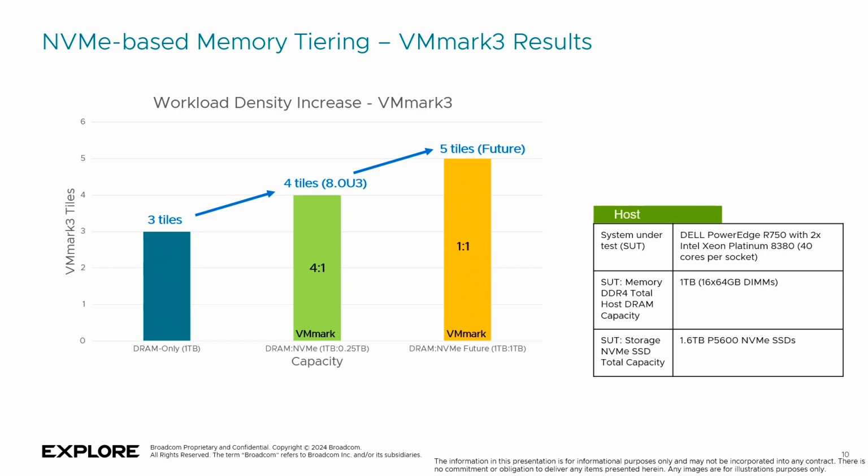So you can scale up 33% by using a 4:1 ratio of DRAM to NVMe. That basically means that by just adding 20% more capacity from NVMe, you can scale up to 4 tiles, which sort of represents a linear scale.